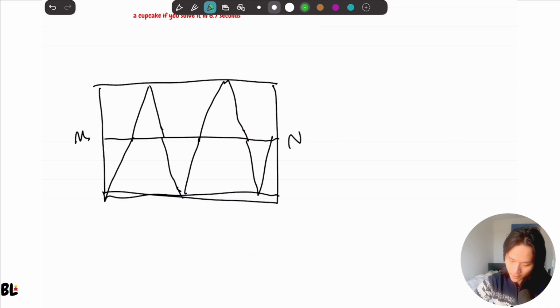So I'm going to have to color that. Let's say there's one here, and another one here, and then another one here, and then here, okay? So we want to find the fraction of the whole rectangle that is shaded.